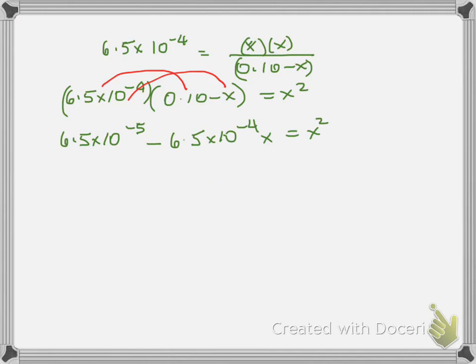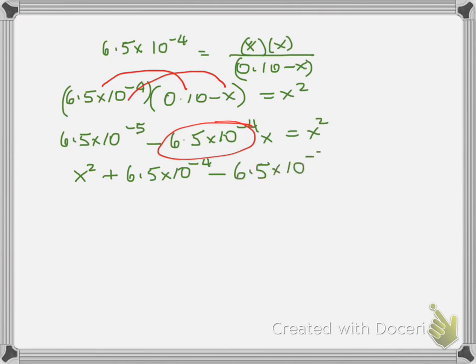Rearranging that to get an equation that looks like your standard quadratic equation gives us x squared, and then plus 6.5 times 10 to the negative 4 x from here, and minus 6.5 times 10 to the minus 5 from here. Collecting everything on the same side, that will make that equal 0.